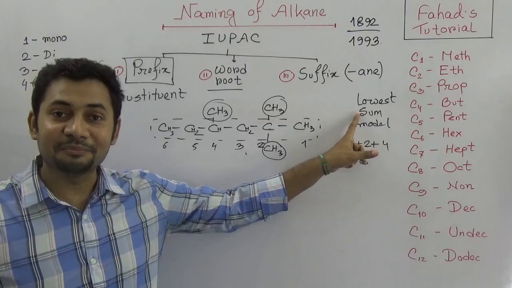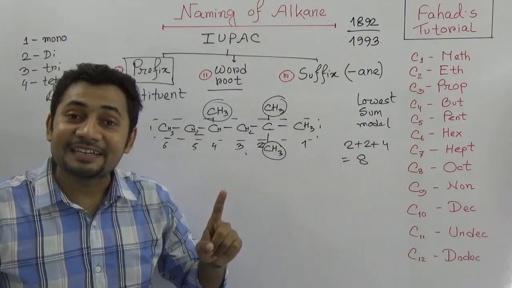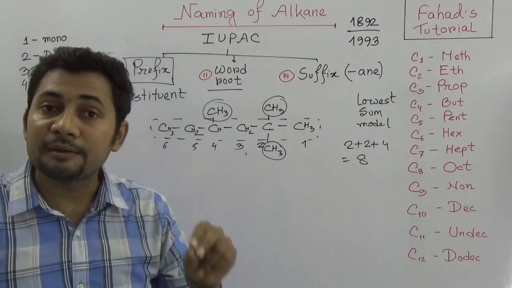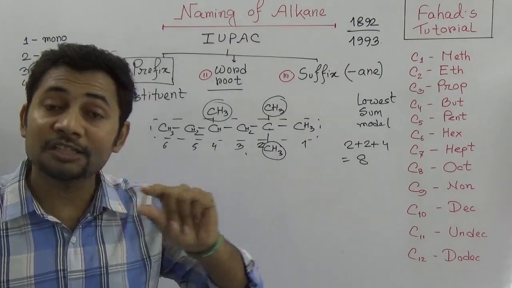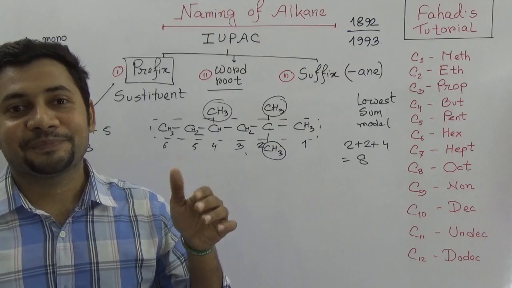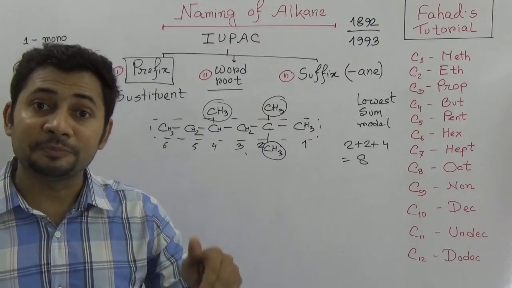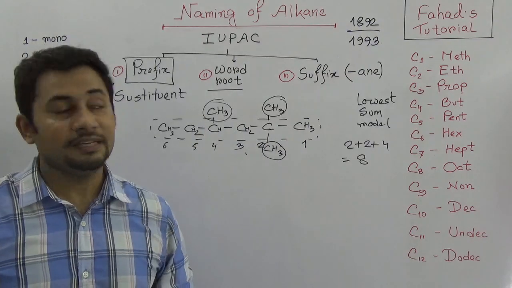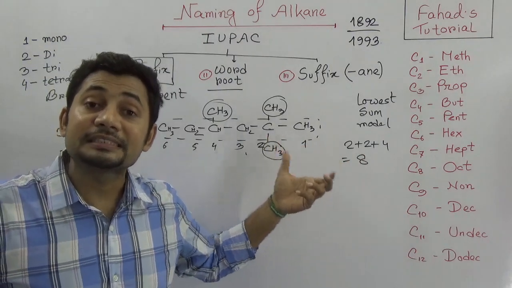So the lowest sum method is that we need to count the carbon number and find the longest carbon chain, based on the branch or substituent being in the lowest carbon numbers, and that is called the lowest sum method.